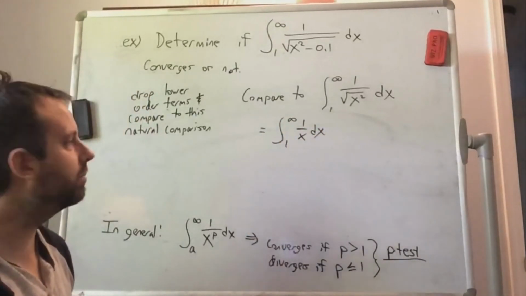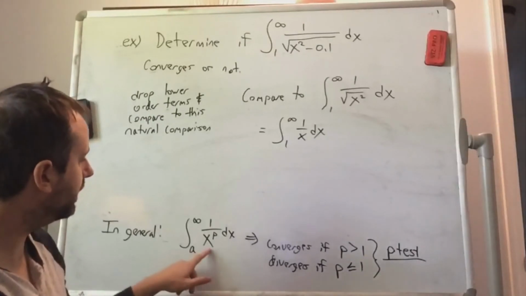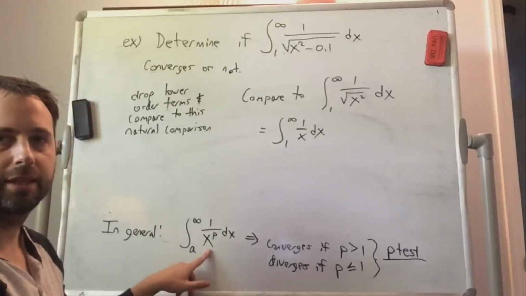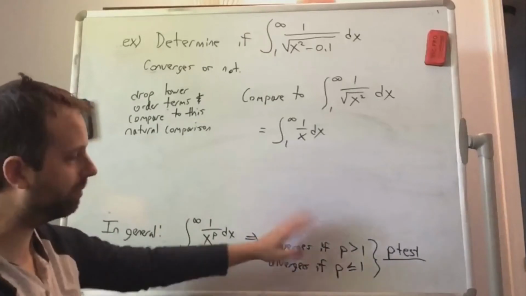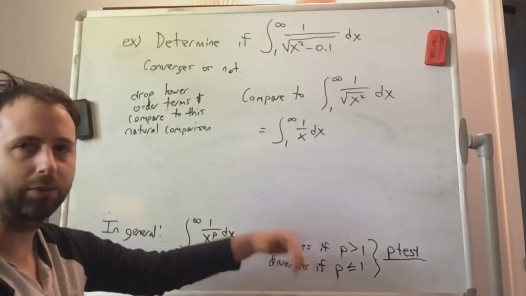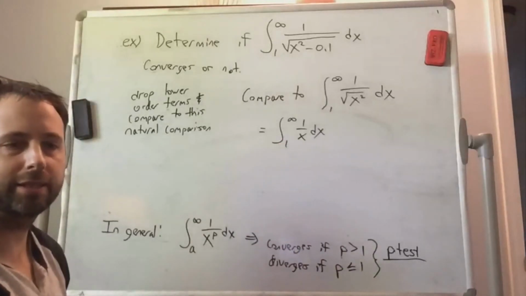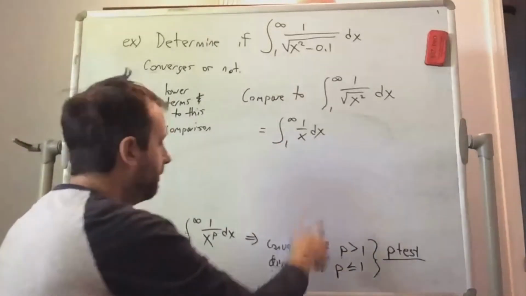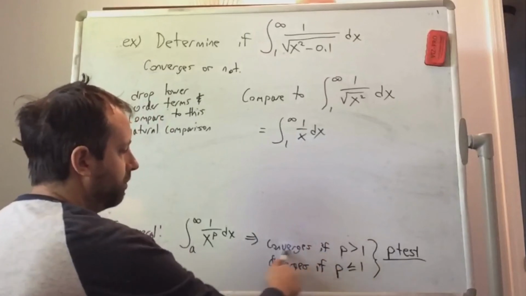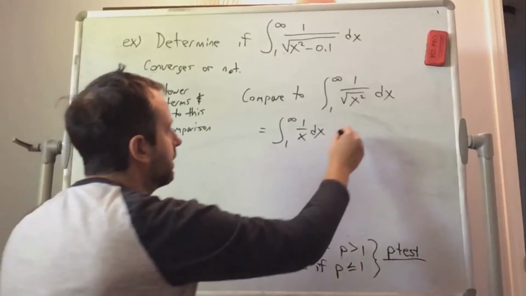Now, instead of having to do an improper integral in this case, we can note that it's in the form of the p-test. So I can just, at this point, memorize these conditions. Later we'll know where they came from, and get the answer to this comparison integral very easily. And we can see that p is equal to 1, so that's part of the divergence case.